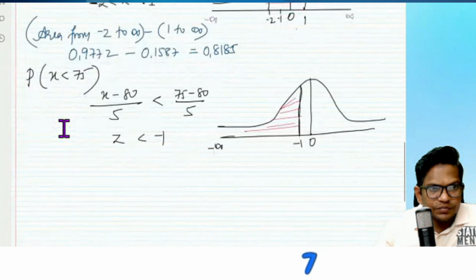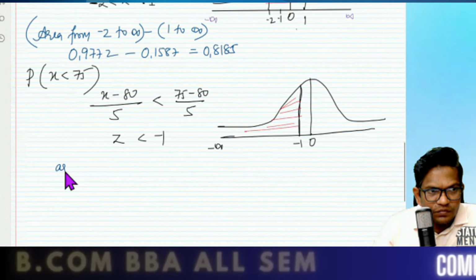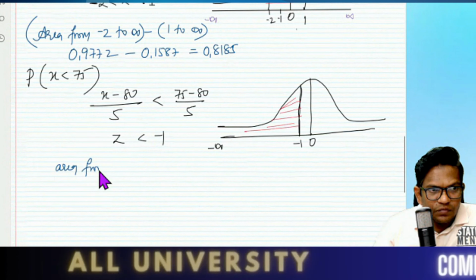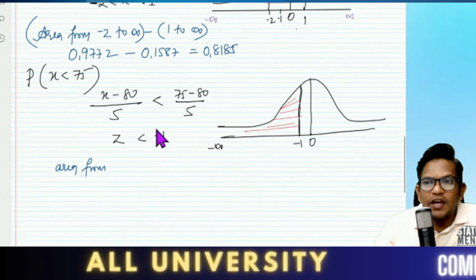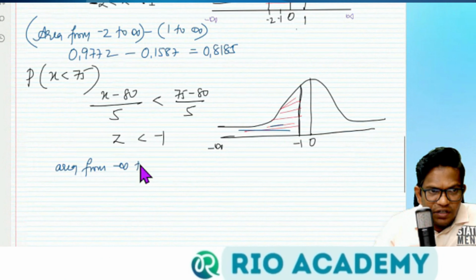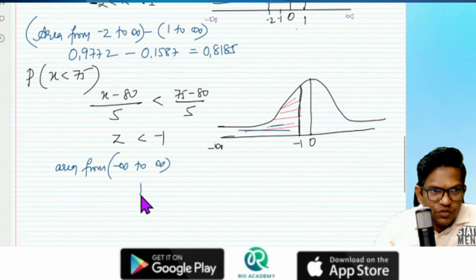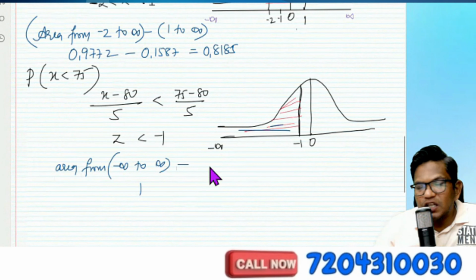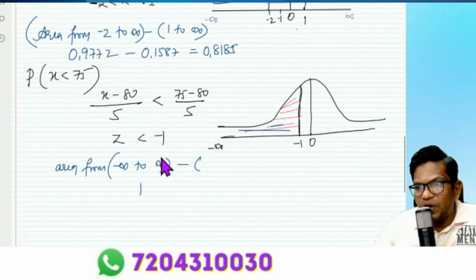Area from what? This is the minus side, right? So what should we do? Minus infinity to plus infinity, that is 1 minus. Minus what? Area from where to where?